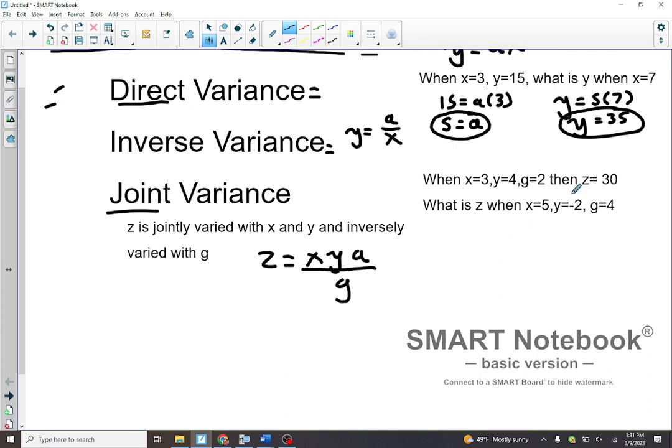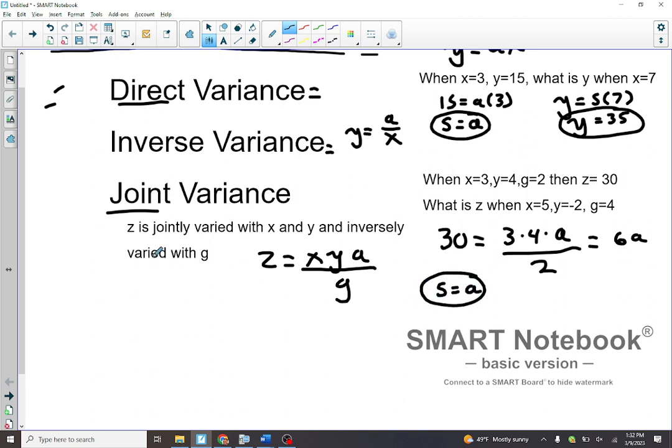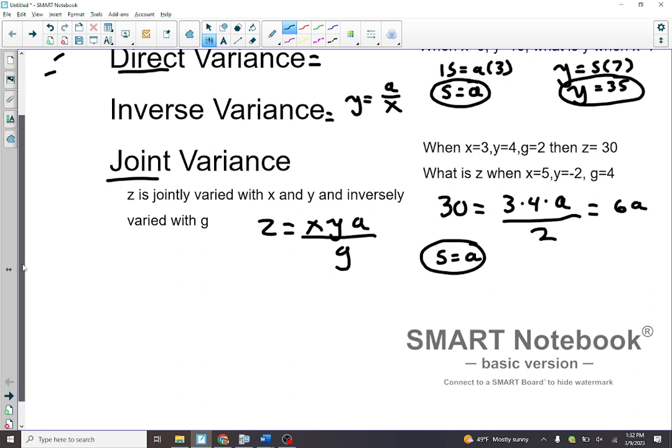So in this case, we're going to plug it in and try to solve for a. 30 equals 3 times 4 times this mystery a over 2. 12 over 2 is 6a. So divide by 6 on both sides. 5 equals a.